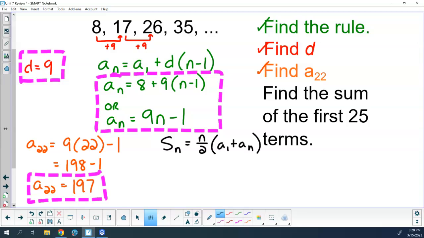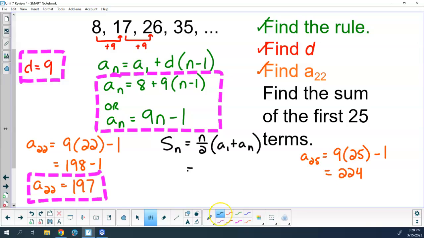Well, I know that n is 25, and I know that my first term is 8, I would just have to use my rule here to figure out the 25th term. 9 times 25 is 225, minus 1 is 224.